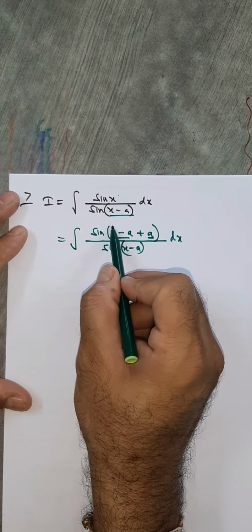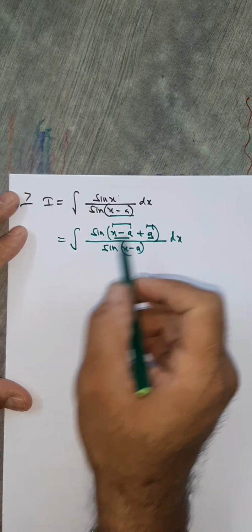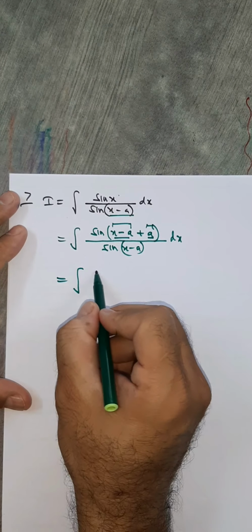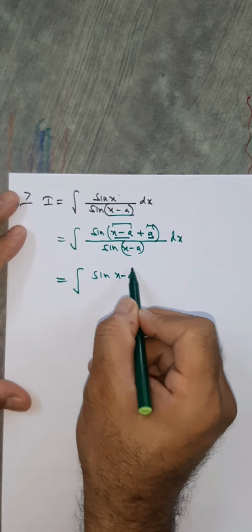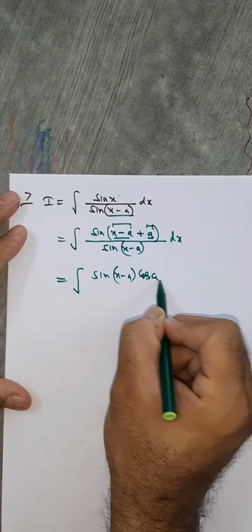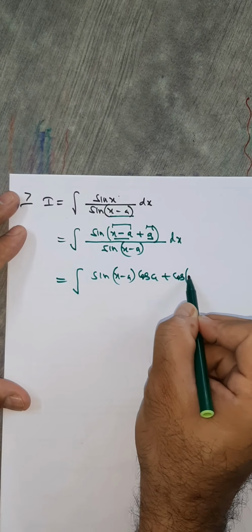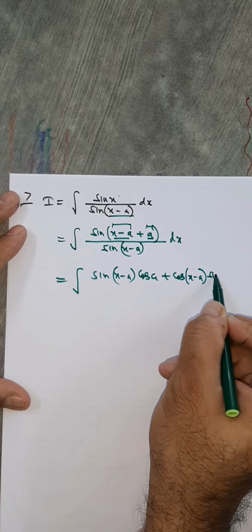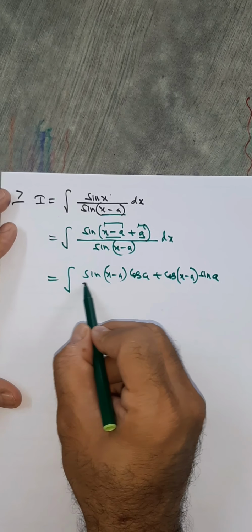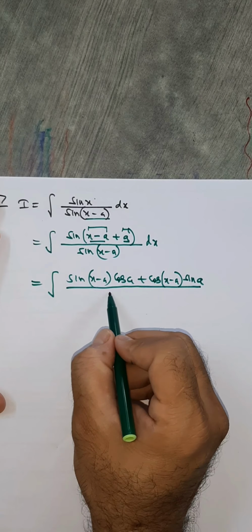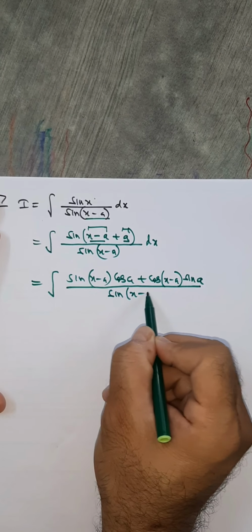Now what is this? This is like x and y, sin x plus y formula, addition formula. So sin x into cos y plus cosine x into sin y, upon sine of x minus a.